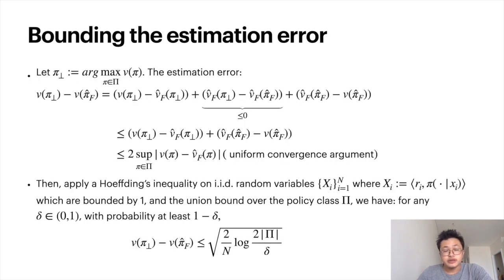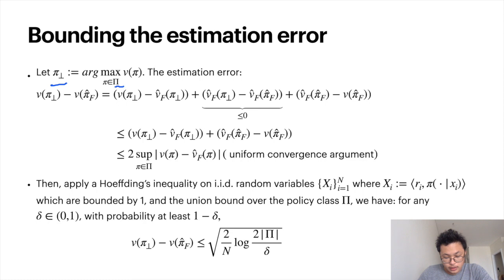So about the estimation error: to establish it, first we call pi perpendicular here the projection of pi star onto the policy class capital Pi.